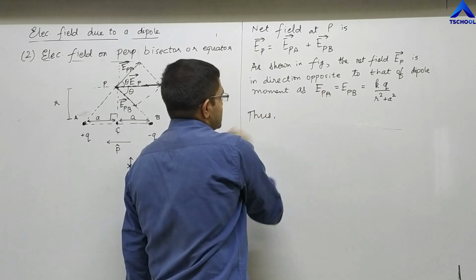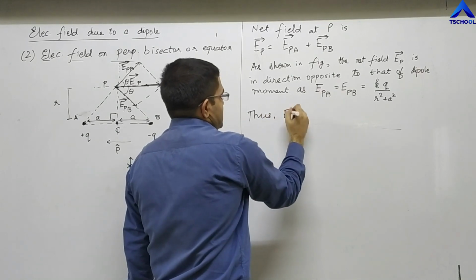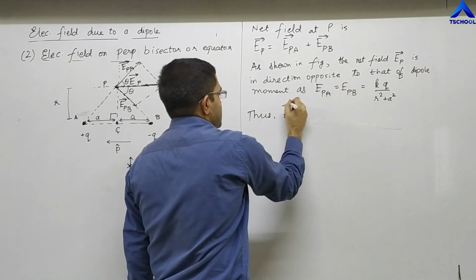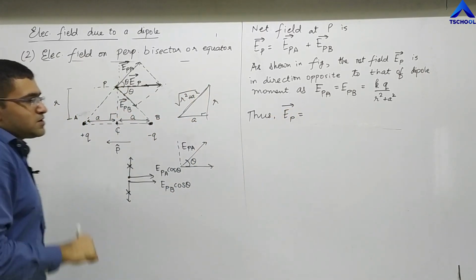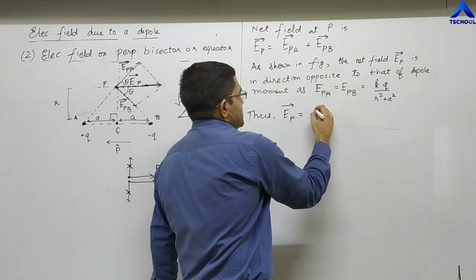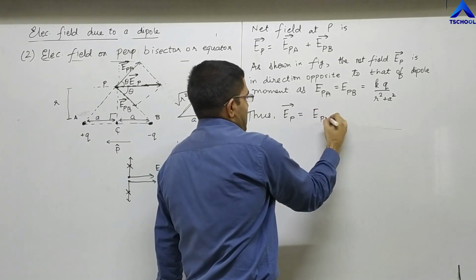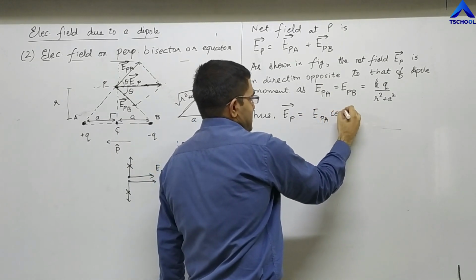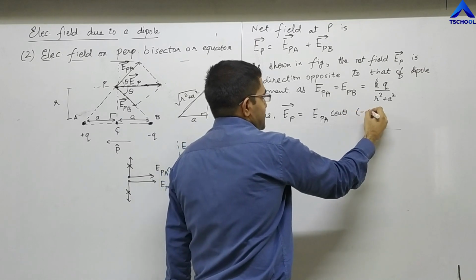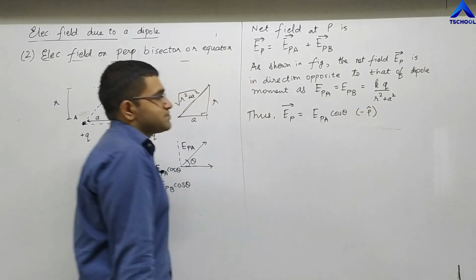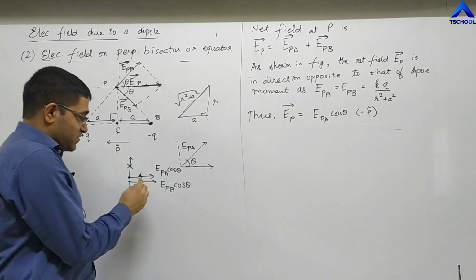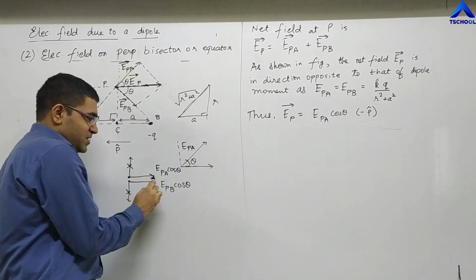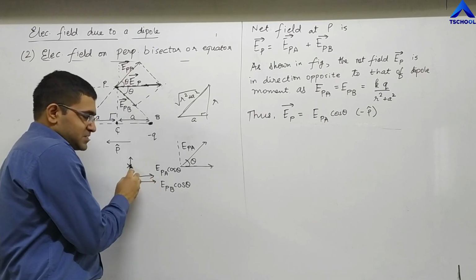Thus, EP vector is equal to EPA cos theta minus P hat. There is more to add, but I want you to understand what we are writing. This is EPA cos theta. This one's cancelled.